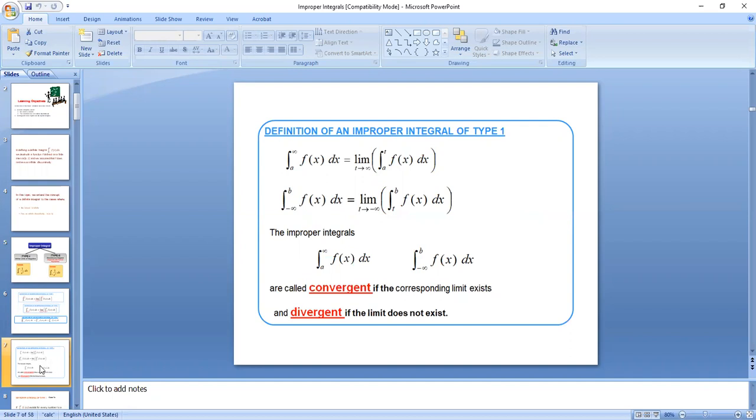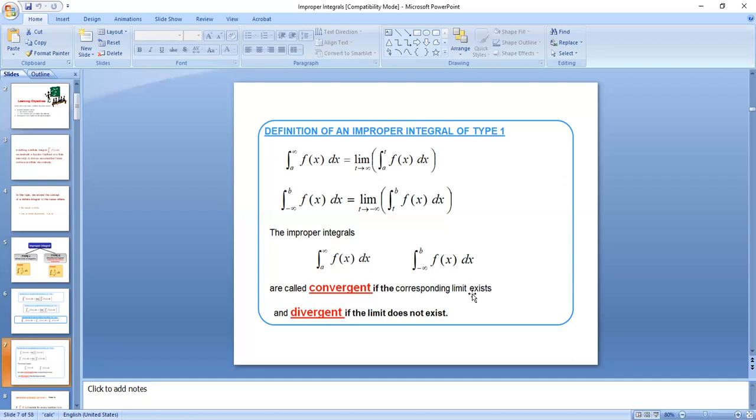Before I proceed to that, we also discussed the concept of the convergent and the divergent functions. When you speak of convergent, if you're going to evaluate the integral using the concept of the limit, the limit will exist, meaning your answer will be a real number.